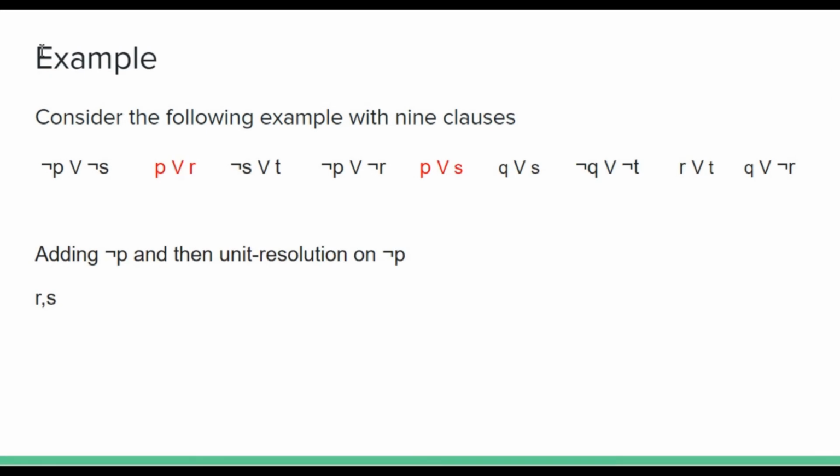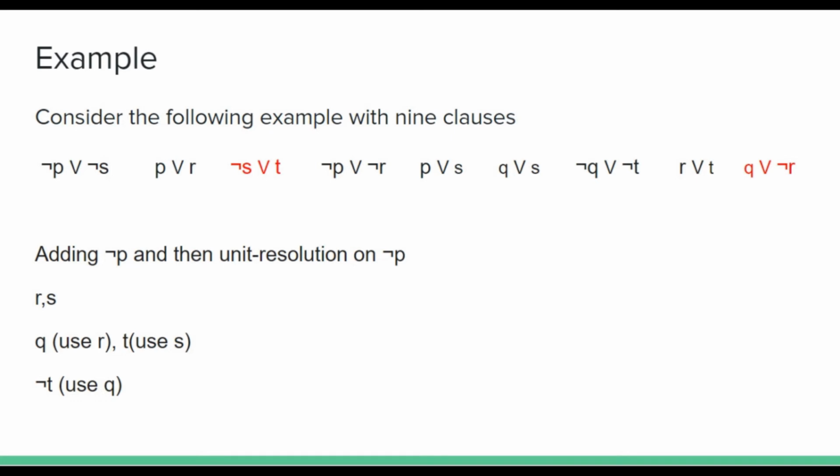In the remaining case we have to add not p. If we add not p, we can do unit resolution on the two red clauses p or r and p or s, yielding two new unit clauses r and s. Using r and s, we can derive two new unit clauses q and t.